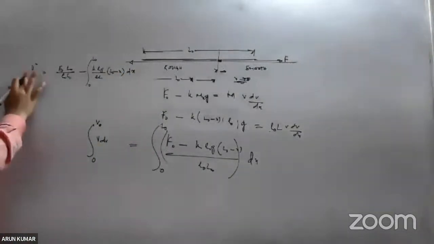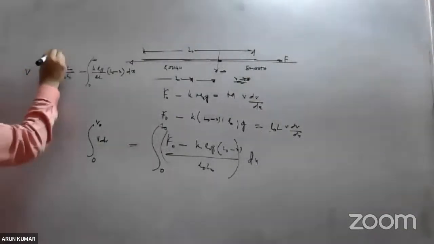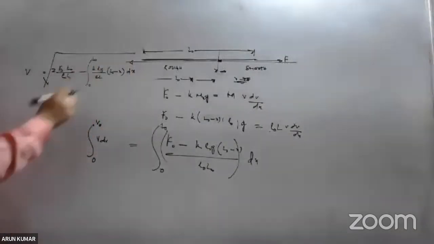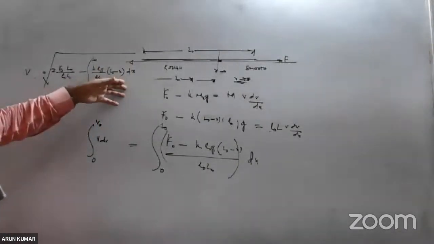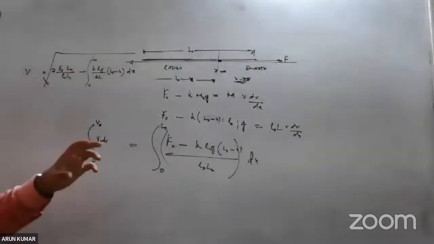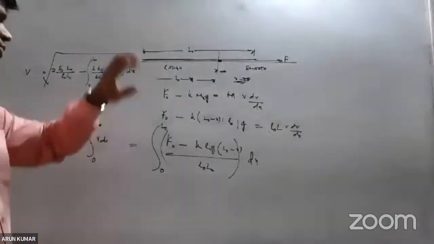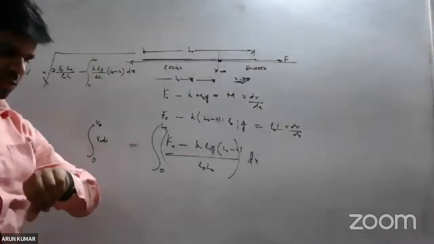Alright, you integrate, your v square would be 2 times of this, v is equal to root of this. All you have to do is to integrate. This integral is easy. Integral x dx is x square by 2. Integral of some constant dx is constant times x. So I'll leave this integral for you as homework.